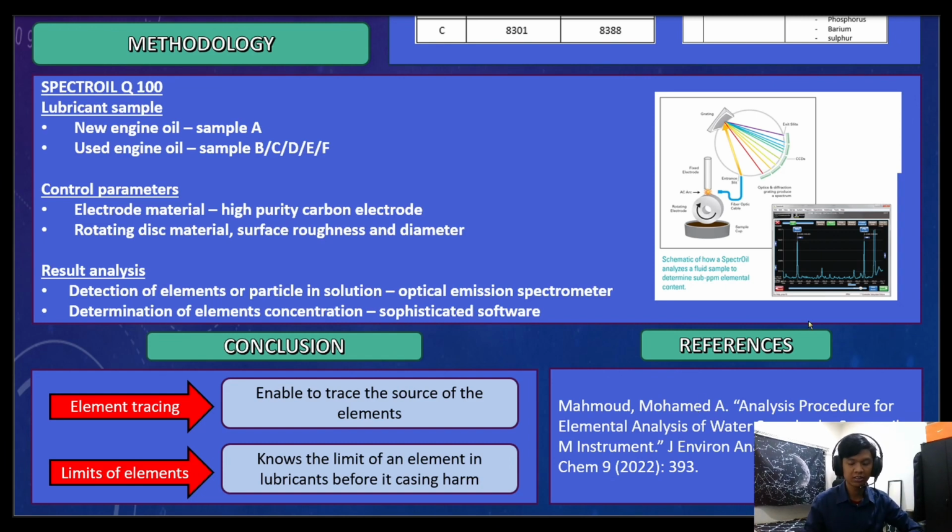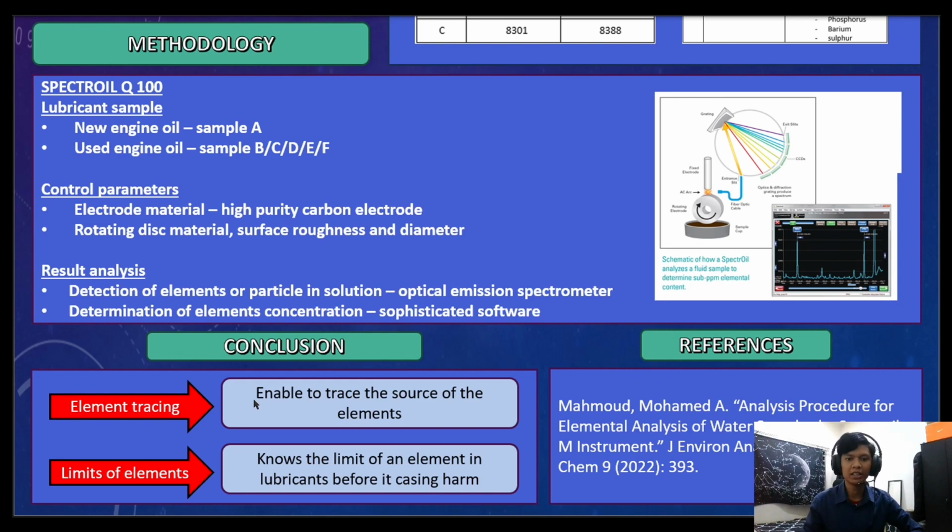For this oil and wear debris analysis assignment 1, I will be discussing the conclusion of the case study, which is the RDE analysis. For the RDE analysis, we can conclude that we can trace the elements.